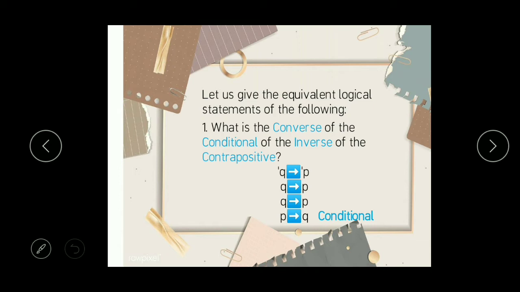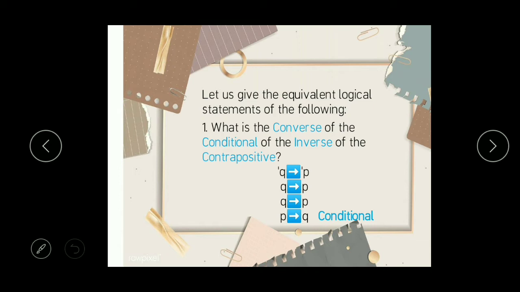In that problem given to you, you need to know what the given logical statements are. We have four logical statements: the conditional, the converse, the inverse, and the contrapositive.